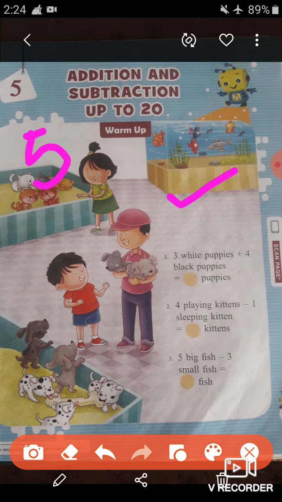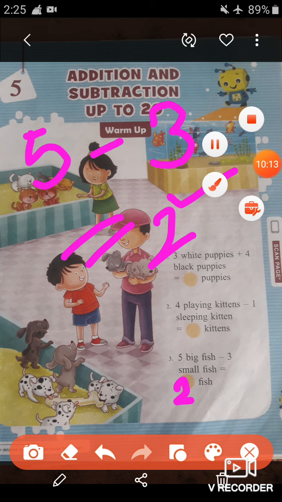So students, when we subtract 3 from 5, we get the number 2. So when we subtract 3 small fish from 5 big fish, we get 2 fish. Okay, so these are the answers of these sums that are solved now.